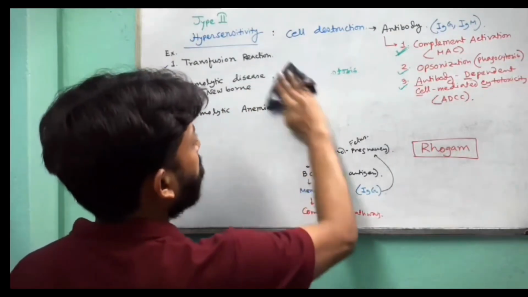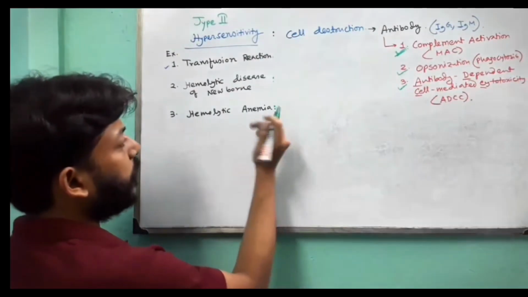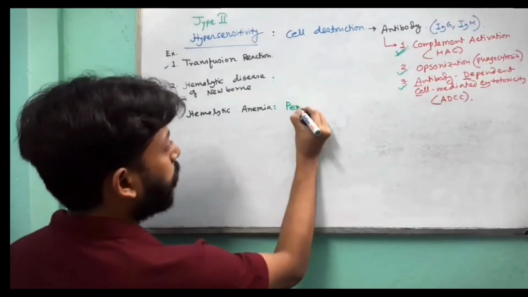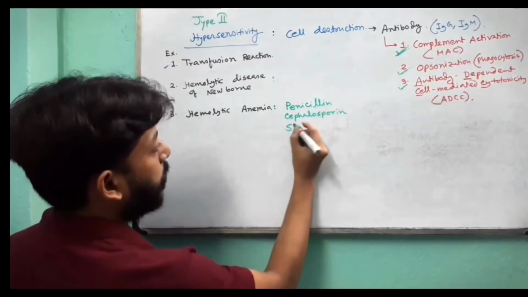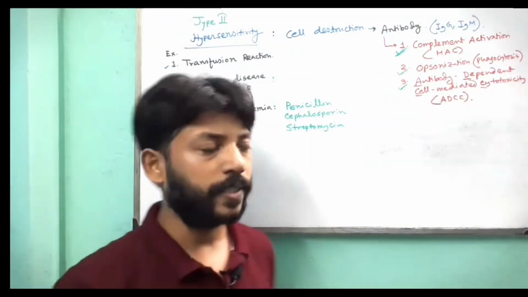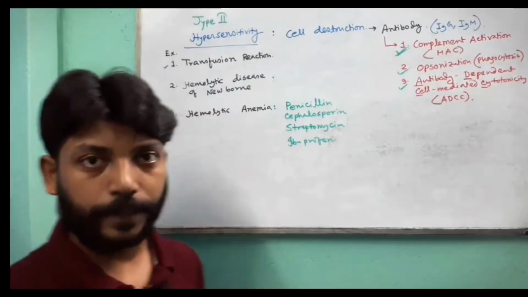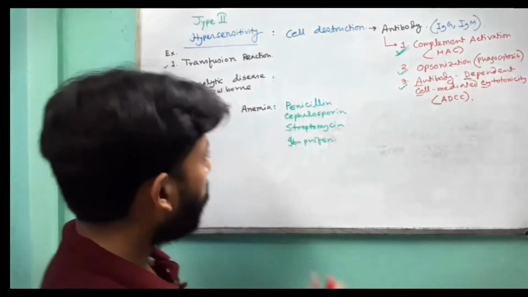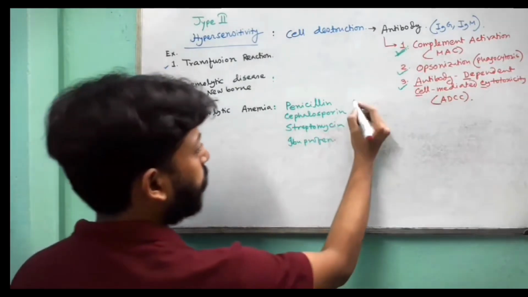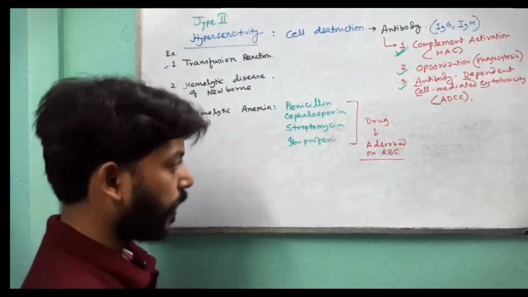Now I will talk about the third condition, that is hemolytic anemia. The reason behind this is some drugs like penicillin, cephalosporin, streptomycin. These are antibiotics, and a very well known medicine like ibuprofen can also cause this hemolytic anemia. What happens here? These drugs are adsorbed on RBC and bind with some antigen.